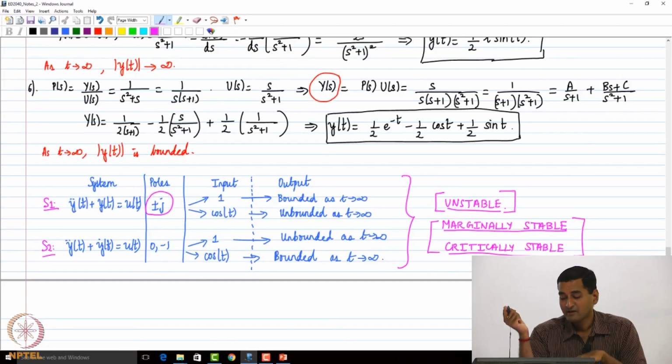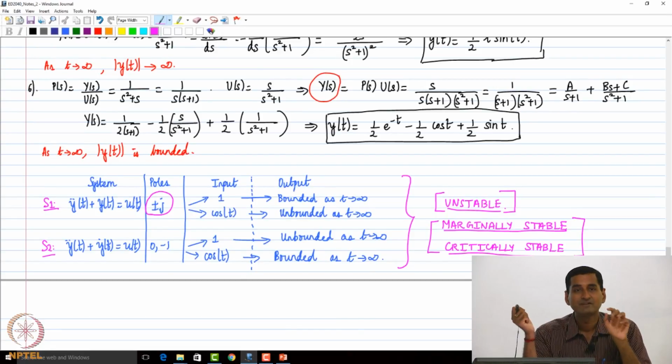That is the bottom line here. Now on the other hand, if you look at system S2, it has a pole at the origin. If you have a non-repeating pole at the origin and you give a step input, the output is unbounded. But for all other sinusoidal inputs, the output is bounded. That is the property of S2.